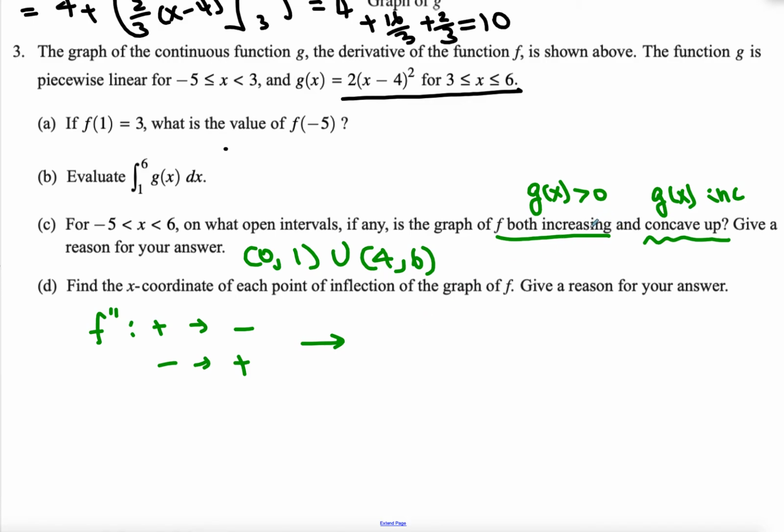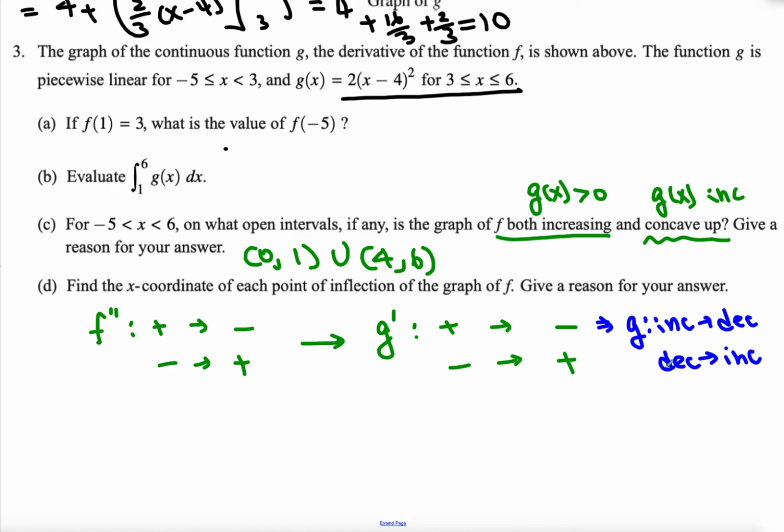Since g is the derivative of f, that means g prime has to go from positive to negative or negative to positive. So that means g is increasing to decreasing or decreasing to increasing. That's what we're looking at.